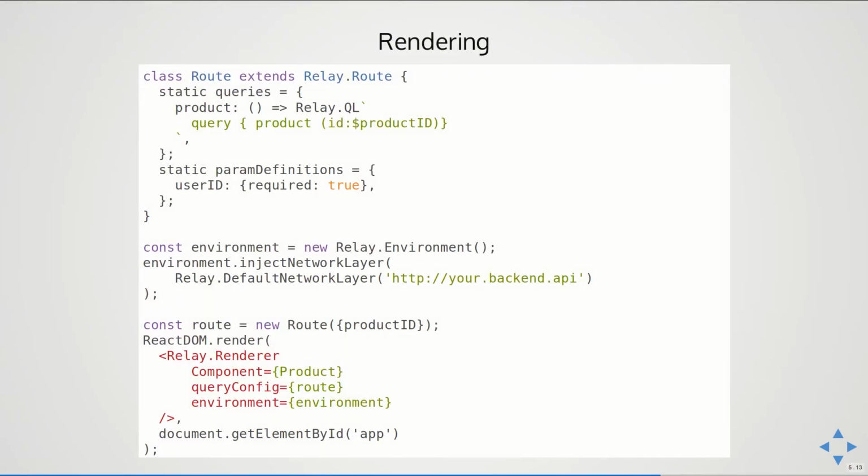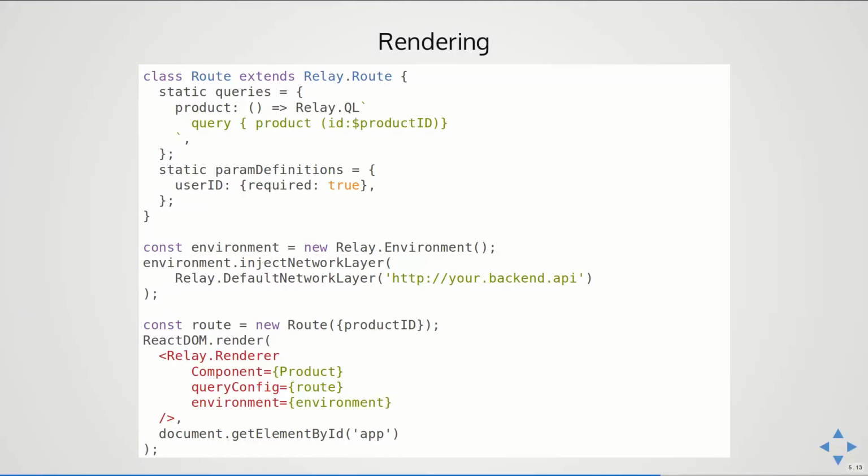Rendering is also pretty simple. I would say it's simpler than in the case of Redux, because Relay has a concept called the network layer, which basically takes out the management of all the requests that go to the server.